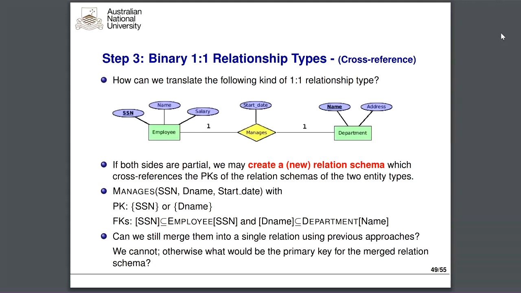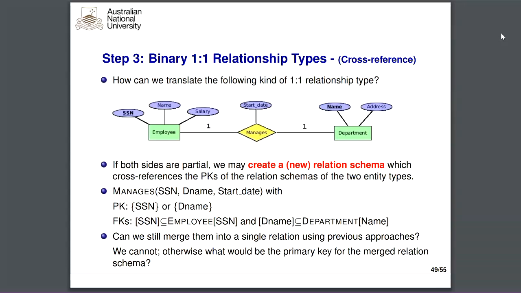Can we still merge them into a single relationship using previous approaches? We cannot, because otherwise, what would be the primary key? If you merge them, you cannot identify a primary key. That means you violate the, what are the constraints?